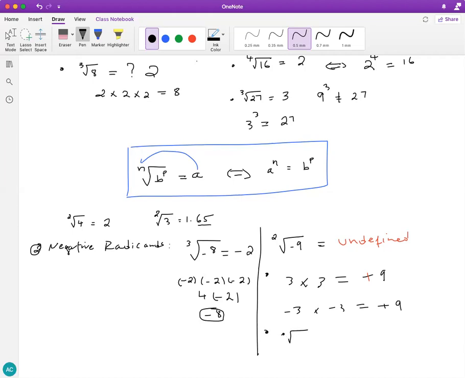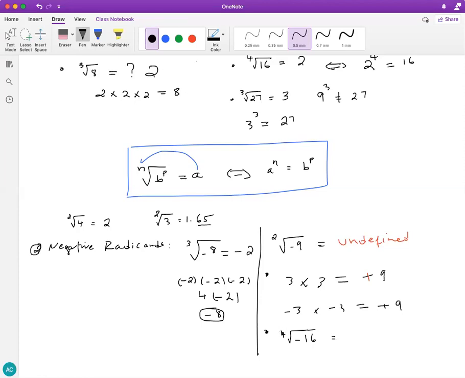Can you get a negative number by multiplying a number by itself 4 times? No, because this is an even index. Every time you multiply it, it will always be positive.